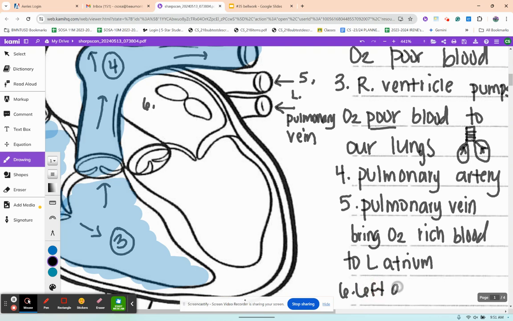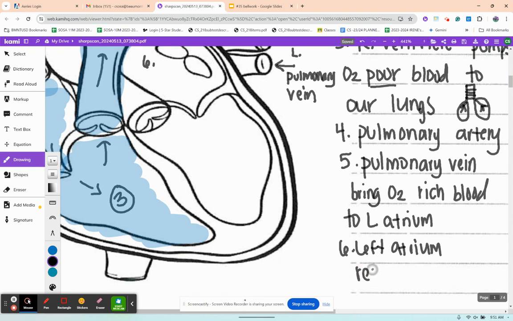So our left atrium receives oxygen-rich blood. Okay.